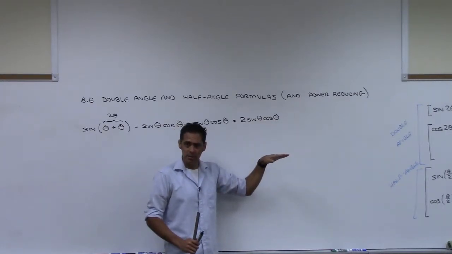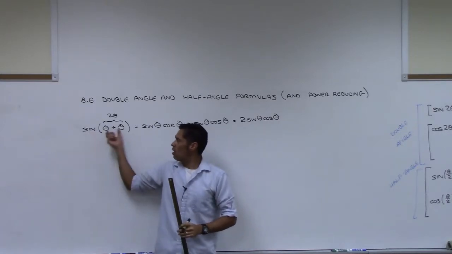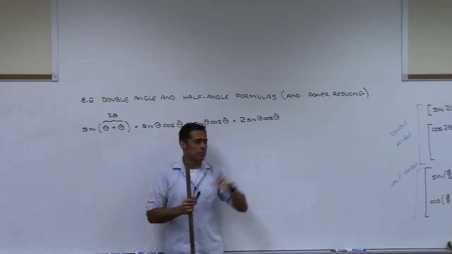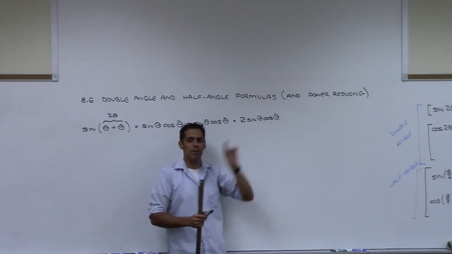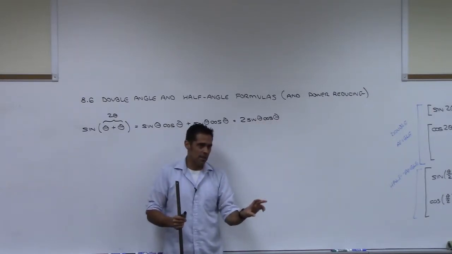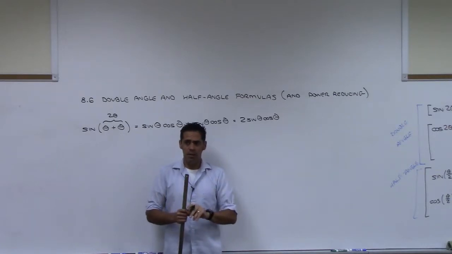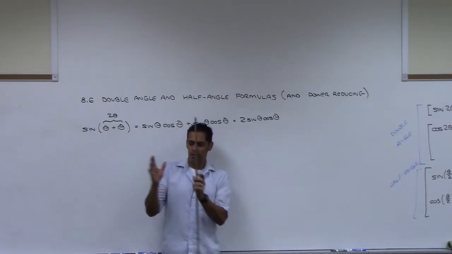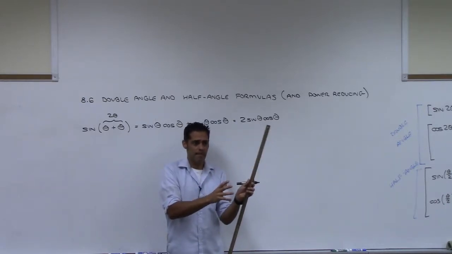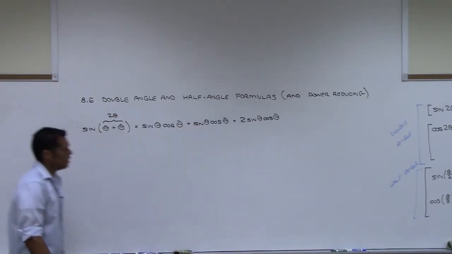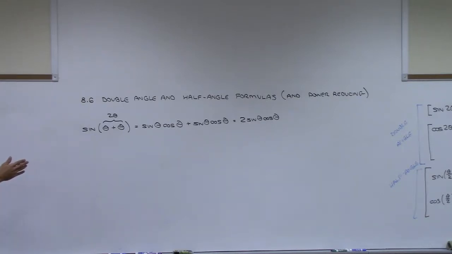In the original expression, the argument was 2 theta. In the result, you have multiple trig functions, but the arguments of each one are now theta instead of 2 theta. That becomes very useful when you're trying to convert an expression with 2 thetas to thetas instead. All right? Any questions on how I got that? Okay, let's try the next one.